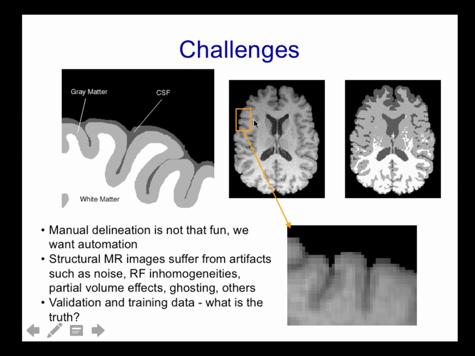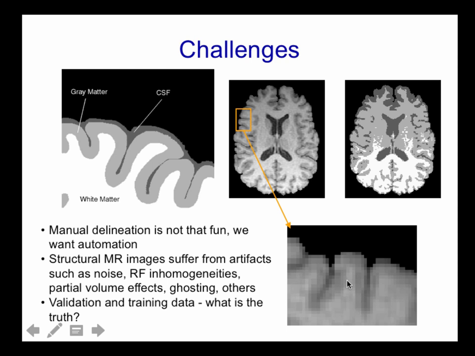You have artifacts or limitations of the MR images that make the job of segmentation more challenging. So instead of these nicely defined boundaries in this image, you have this, which makes it much more difficult to distinguish between different classes.